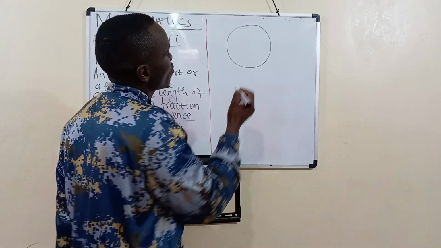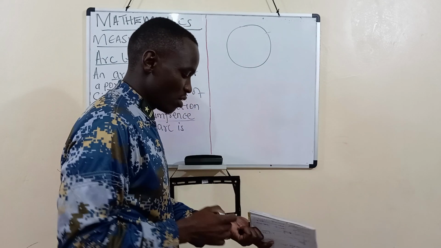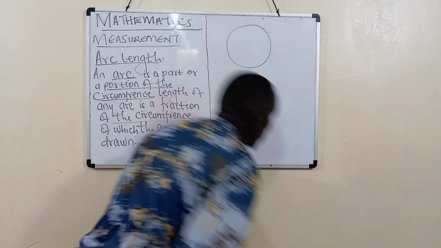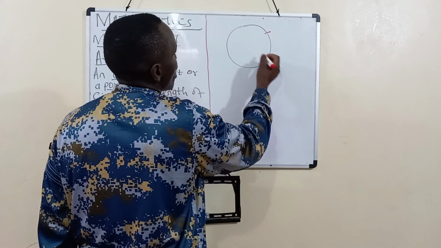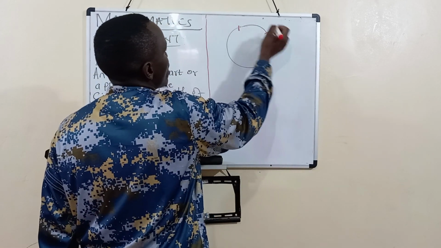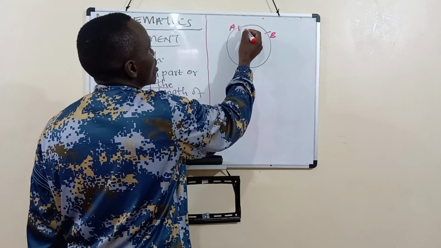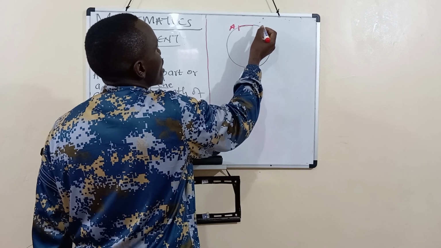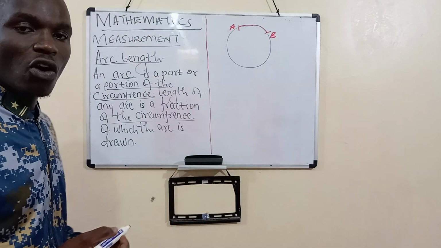Now from there, if we talk about a distance from this point, point A, let me use a different pen, and point B. So this one is point A, this is point B. The red part here is called the arc.